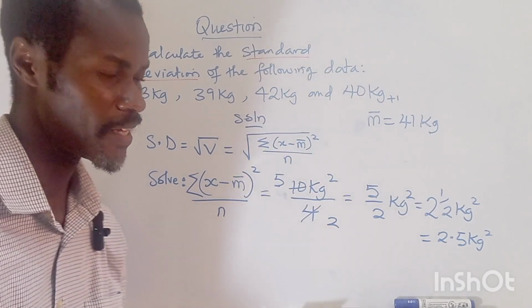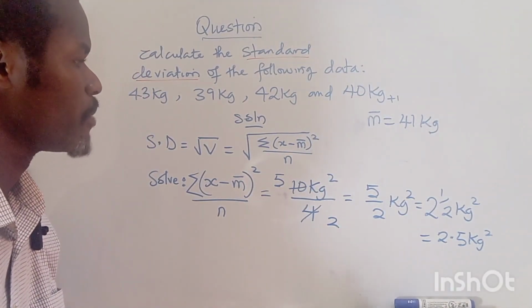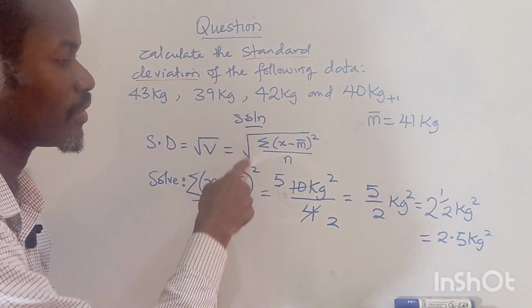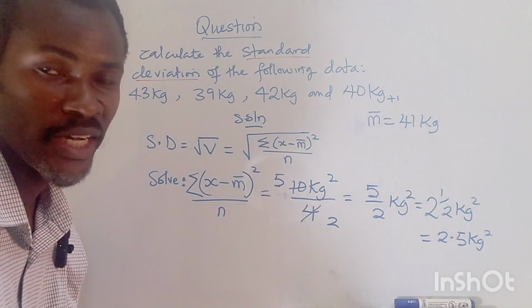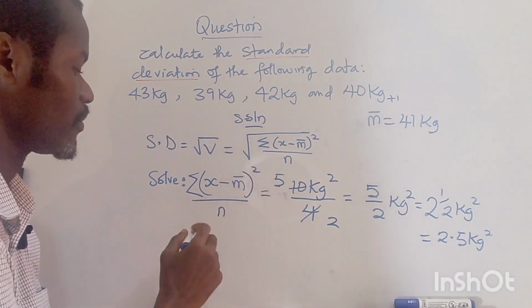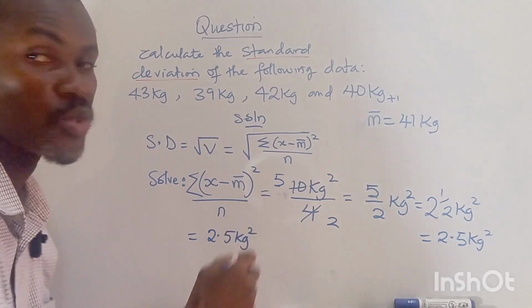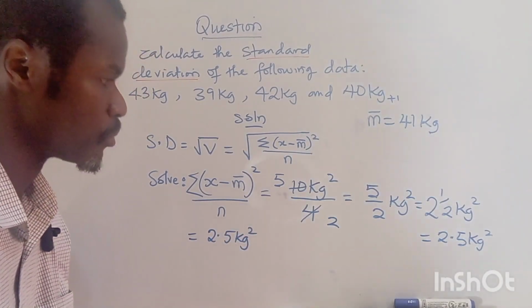Now, having gotten to this point, remember, we still need to solve for the square root. All of this gave us 2.5 kg squared.